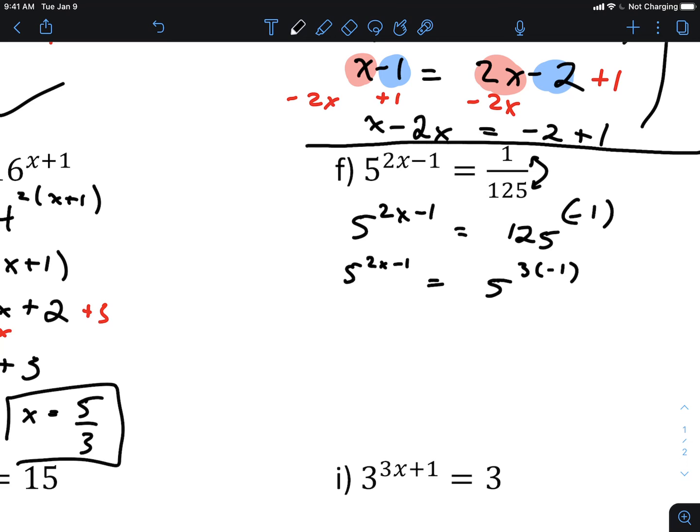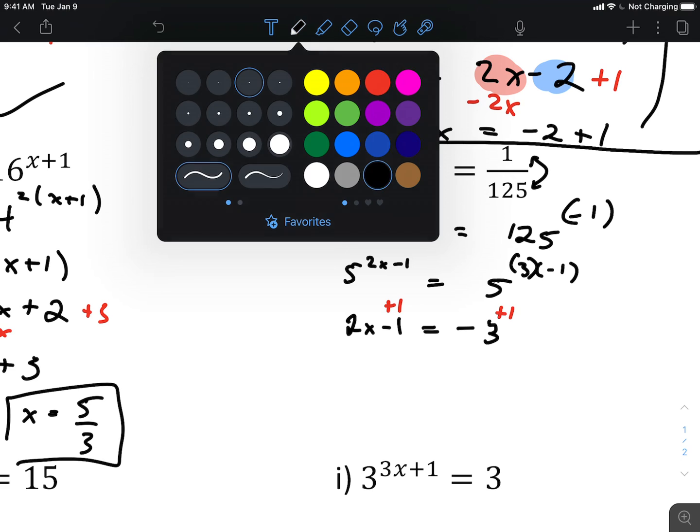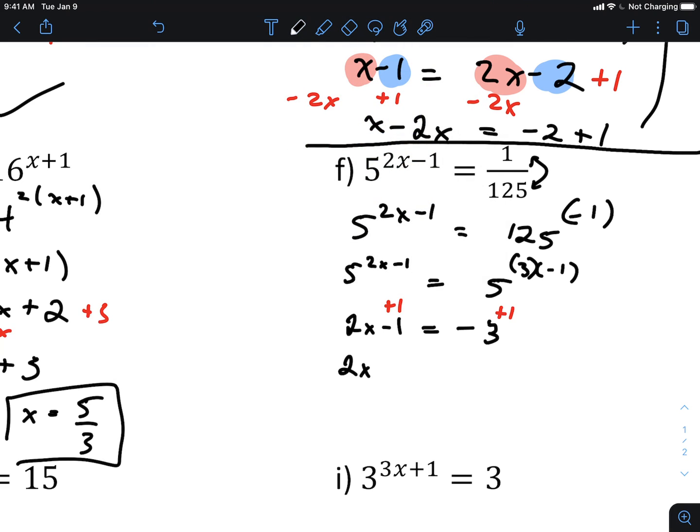You can ignore the bases now, and you get the exponents are equal to each other. 2x minus 1 is going to equal -3. Solve for x. Well, you can add 1 to both sides, and you can go 2x is equal to -2.